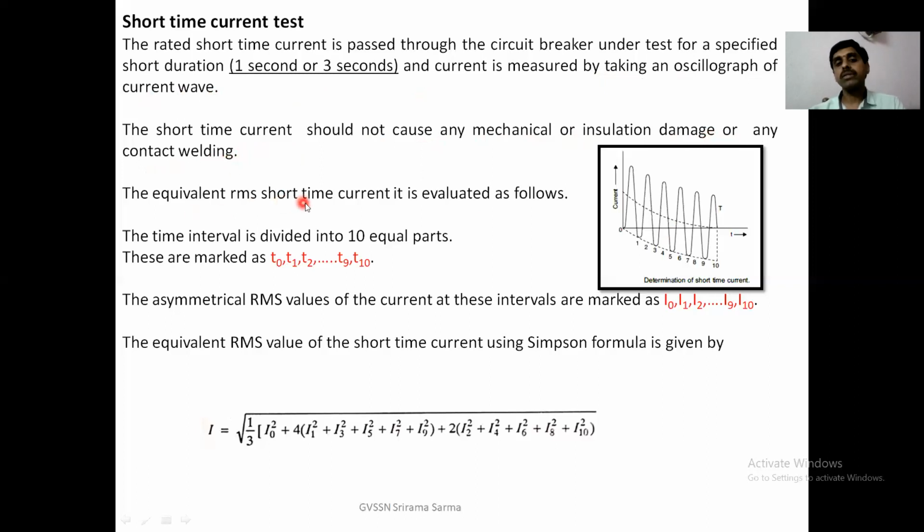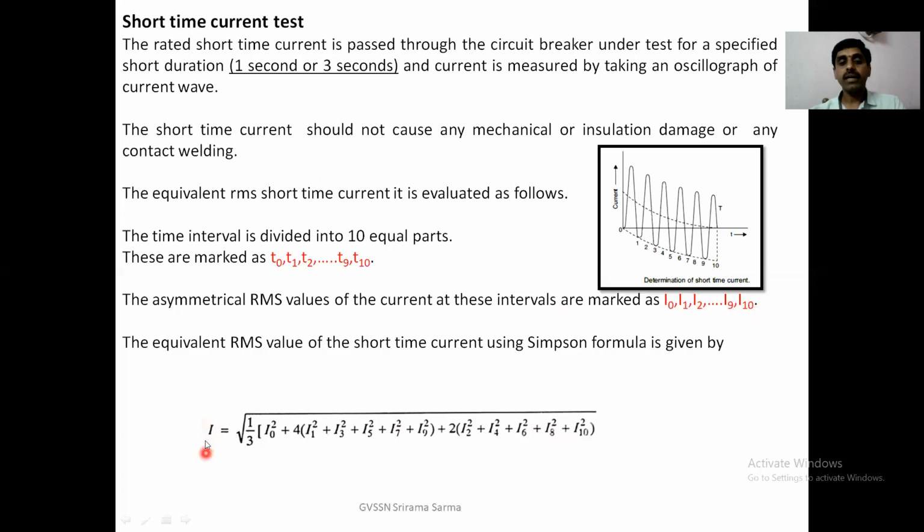The equivalent RMS short time current is evaluated as follows. The time interval is divided into 10 equal parts. These are marked as T0, T1, T2 and so on, up to T10. The asymmetrical RMS values of the current at these intervals are marked as I0, I1, I2 and so on, up to I10.